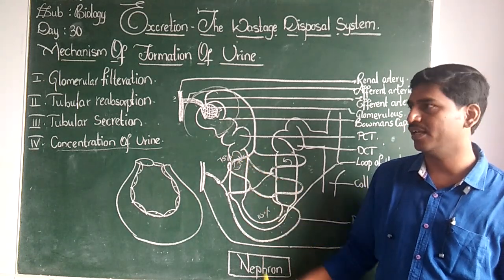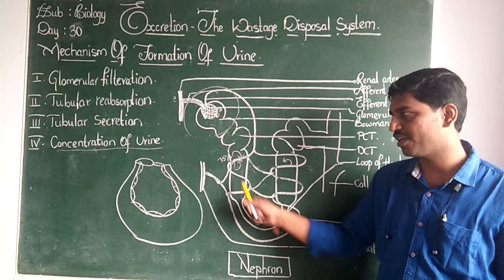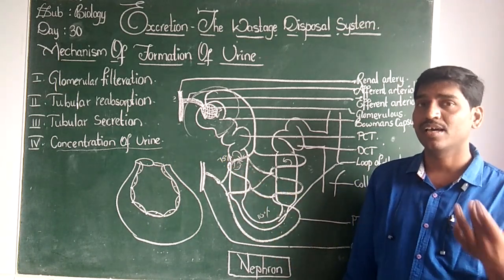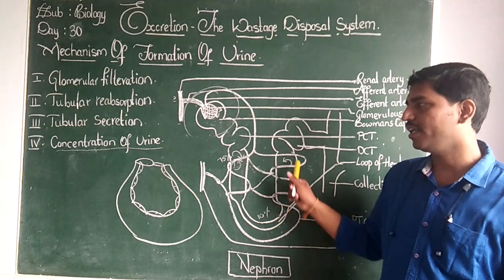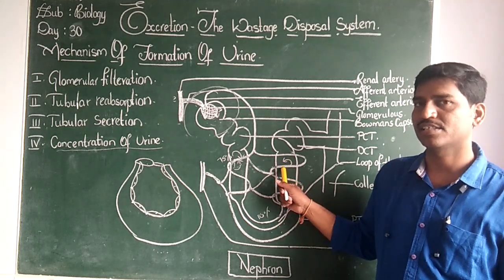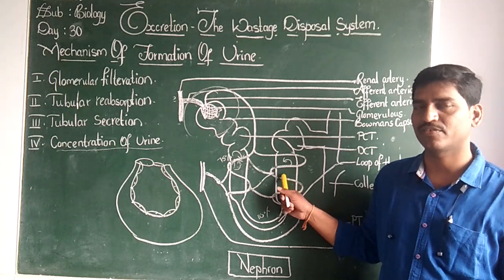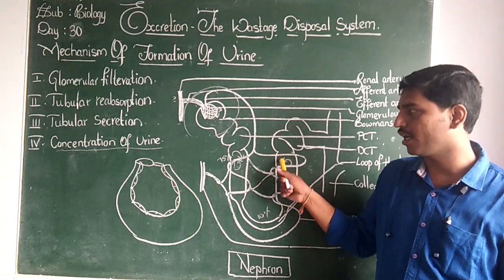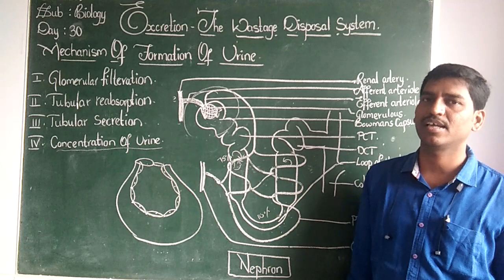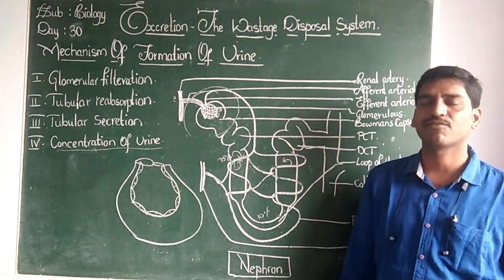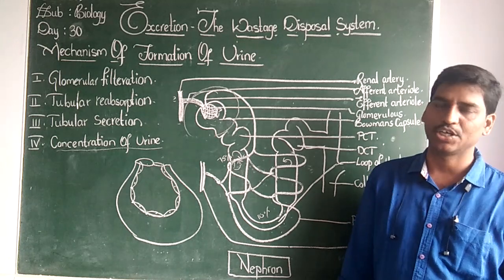This happens in the PCT. Then concentration of urine takes place in the PCT and loop of Henle by reabsorption of water. The next step is tubular secretion. If any excess waste things are still present in the blood, they are removed. That takes place in the DCT. They are sent into the collecting duct, and from the collecting duct they are given out.